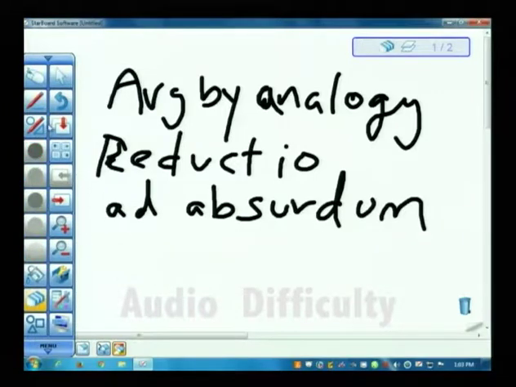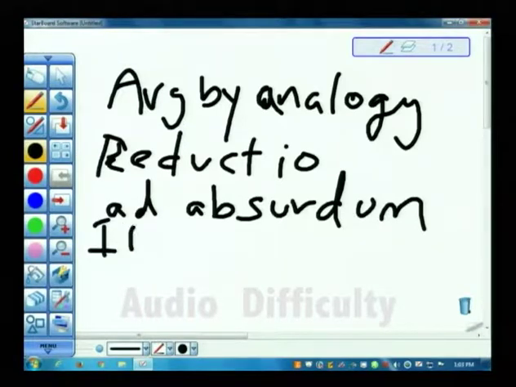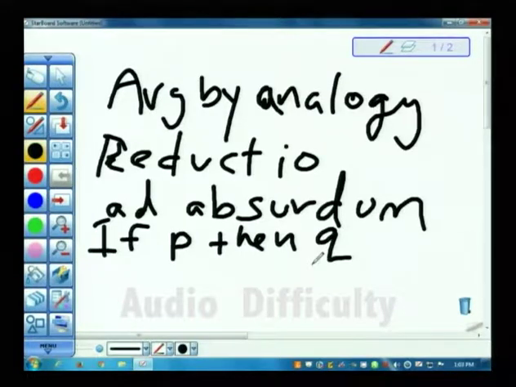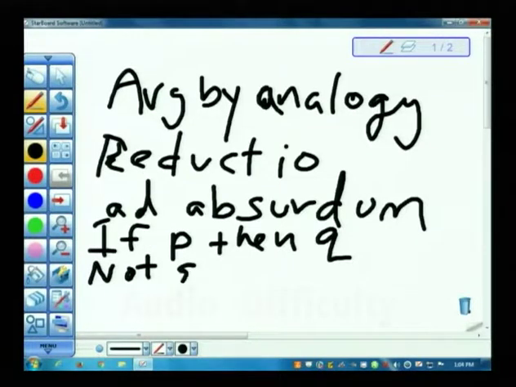I'll use P and Q. If P then Q. Not Q, because it's absurd or something like that.